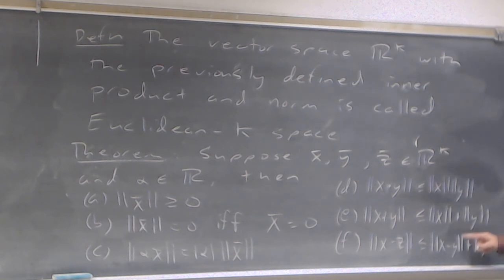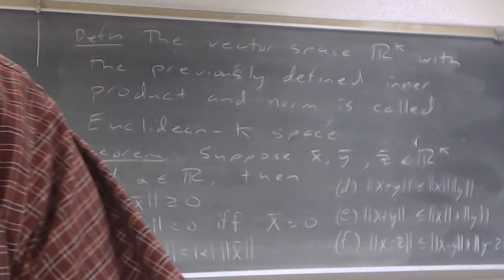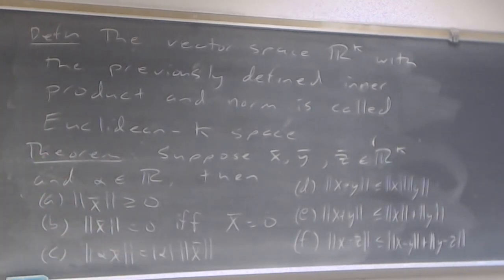I'm not sure that got into the board very well. Let me turn the camera just a little bit, so you can see it a little better, let me look up part D for a second.